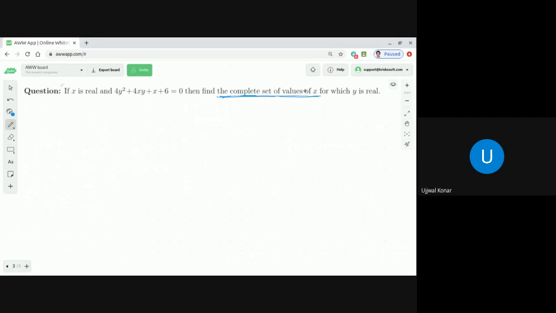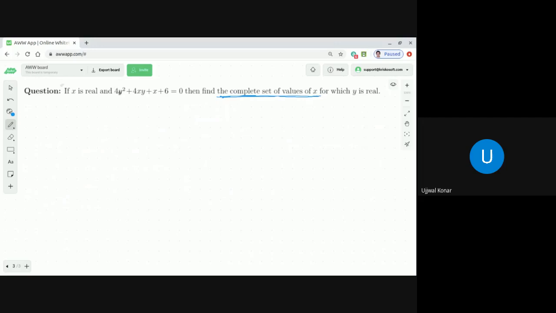That means we need to express this given equation as a quadratic equation in y. Then whatever the coefficient of y and the constant term will be in x, it will be easier for us to find the discriminant in terms of x.